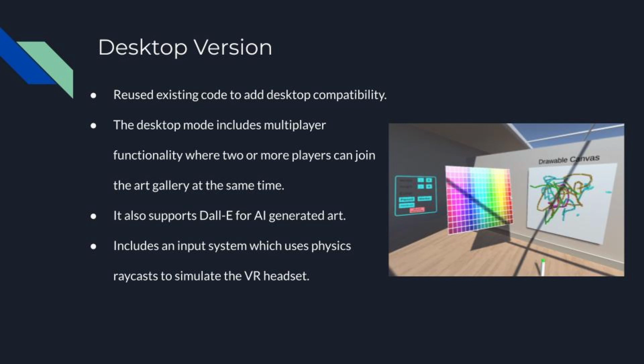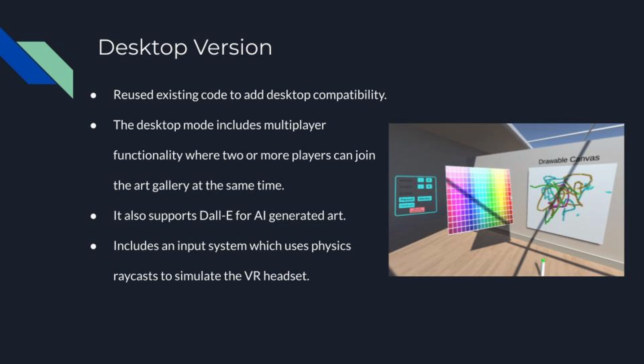The desktop version. We've also added a desktop or PC mode, which is great because not everyone has a VR headset, and they can also experience the art gallery. The desktop mode also reuses most of the code and the game objects that were used for the VR mode, and it mimics VR drawing by using physics raycast and mouse and keyboard input.